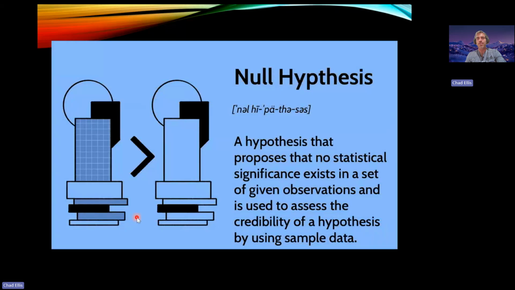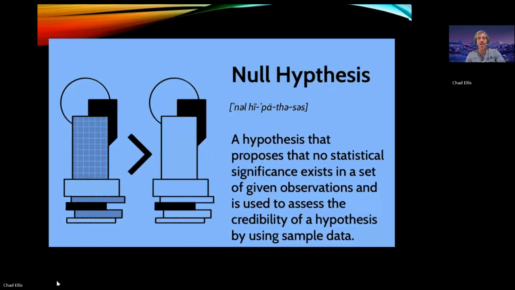So you can also think of the null hypothesis as the default assumption that there's no significant difference or relationship between 2 variables. And any difference that you actually do see is just due to sampling error, random chance.